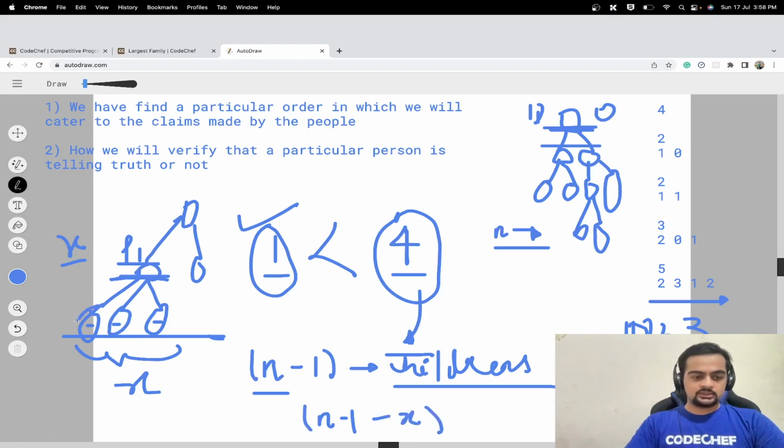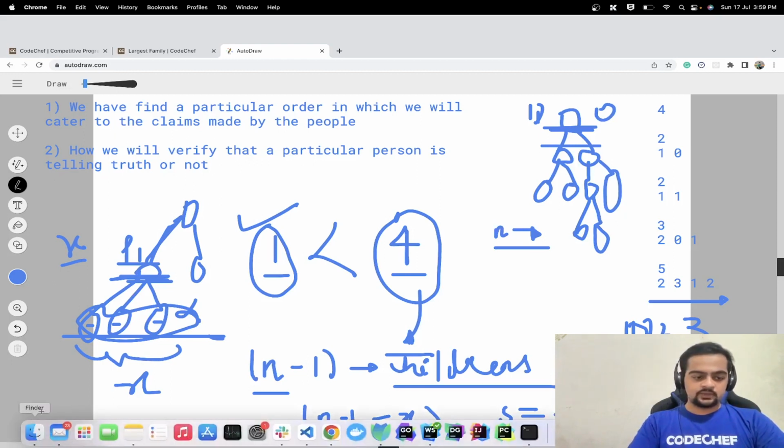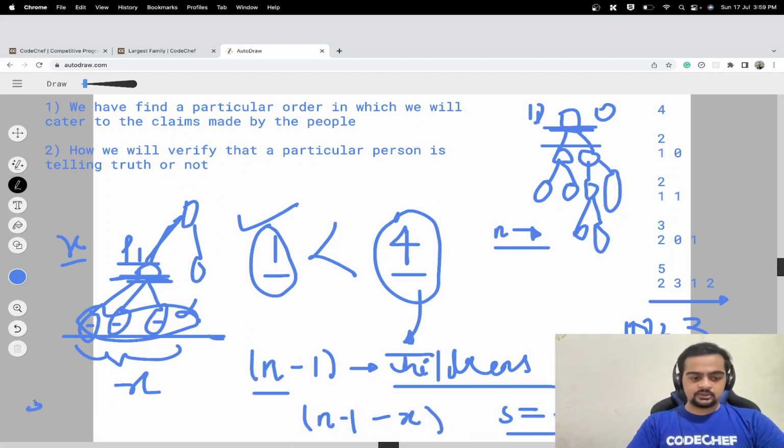Because all the children that we have included, we cannot include in future, but the parent can be a son to any of the people that occur in future. So we would exclude all these x people. So suppose initially the search space was s, it would become s minus x.